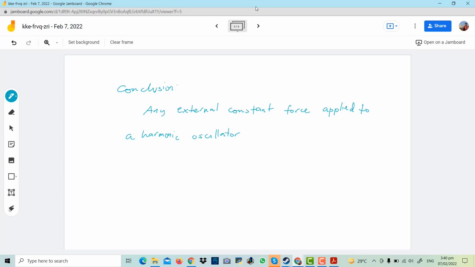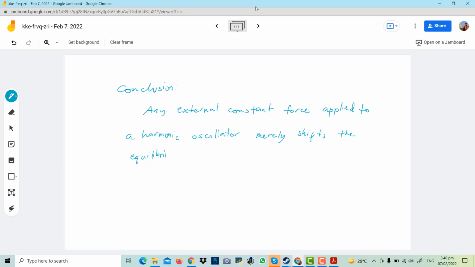Okay? So any external force applied to a harmonic oscillator merely shifts its equilibrium position.